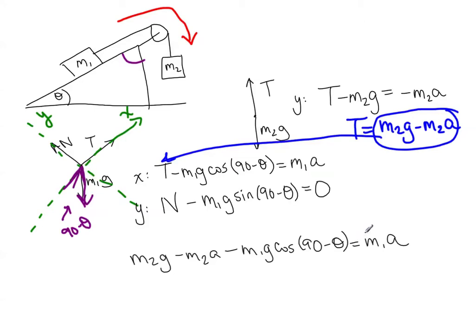So my next thing is to get everybody with acceleration on one side and everybody without acceleration on the other side, which means I'm going to move this over there by adding. So now my equation says m2g minus m1g cosine 90 minus theta equals m1a plus m2a.